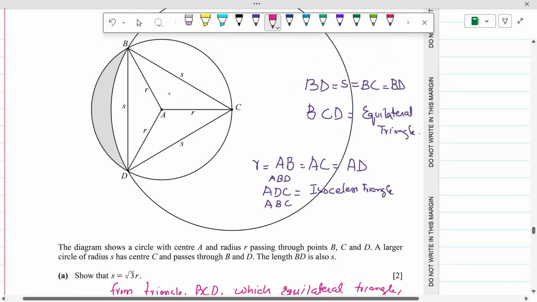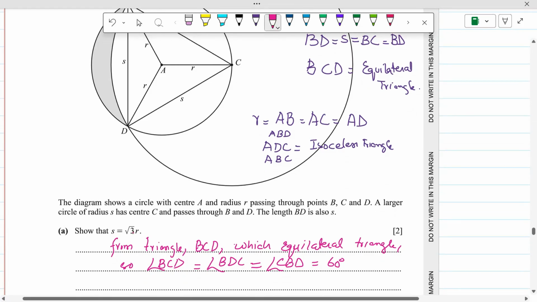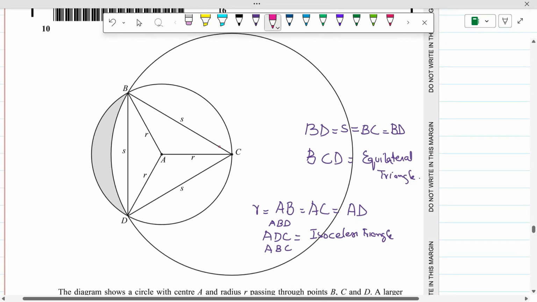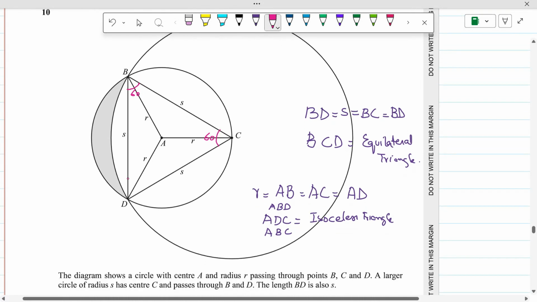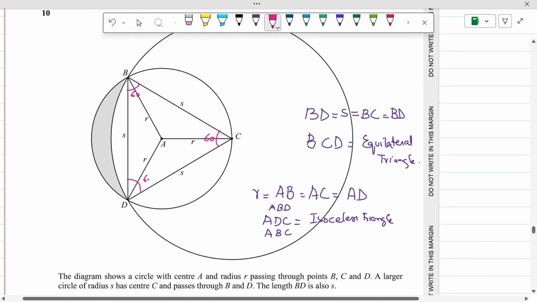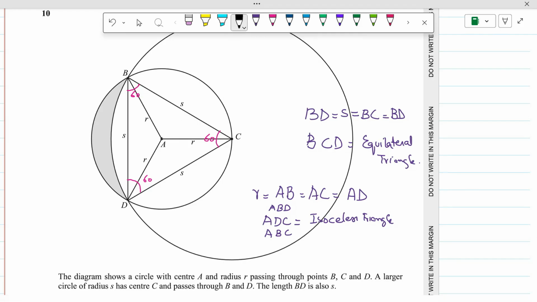And we need to find the relationship between S and R. We need to know that if this one is 60 degrees, this one is 60 degrees, and this one is 60 degrees, then angle ACB or angle ABC is 30 degrees, half.